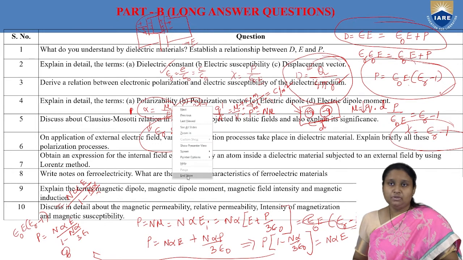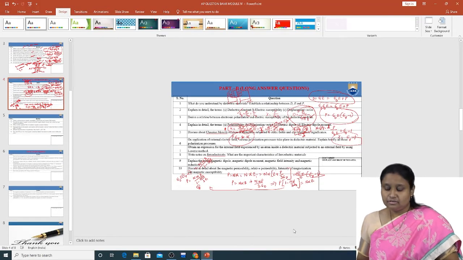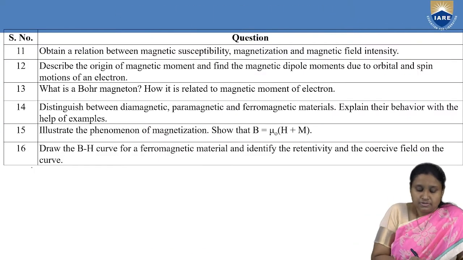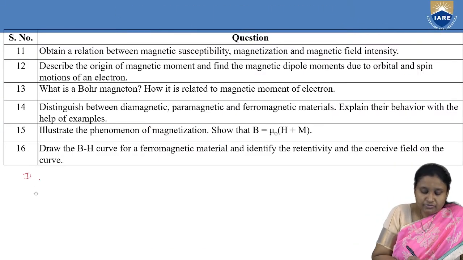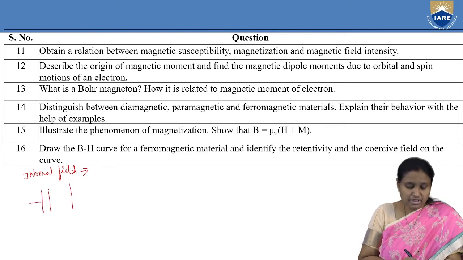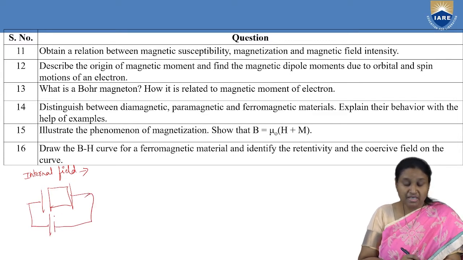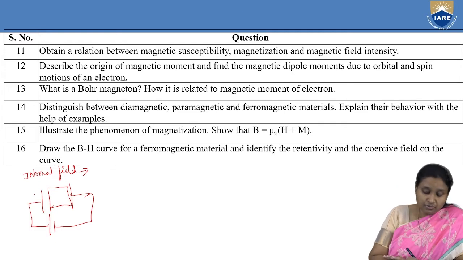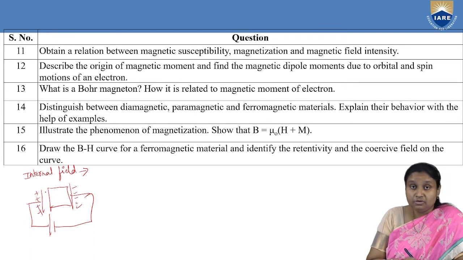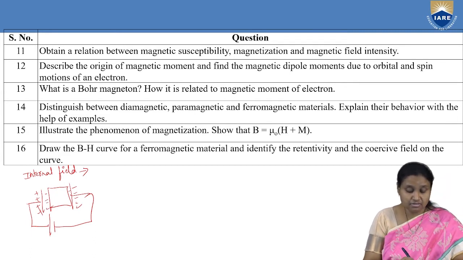So here we are going to start the derivation of the internal field. For this we are going to take the figure of a dielectric material which is placed between two capacitor plates. First we know that charges are going to develop on the capacitor plates, and then we have charges developed on the plane surfaces of the dielectric.